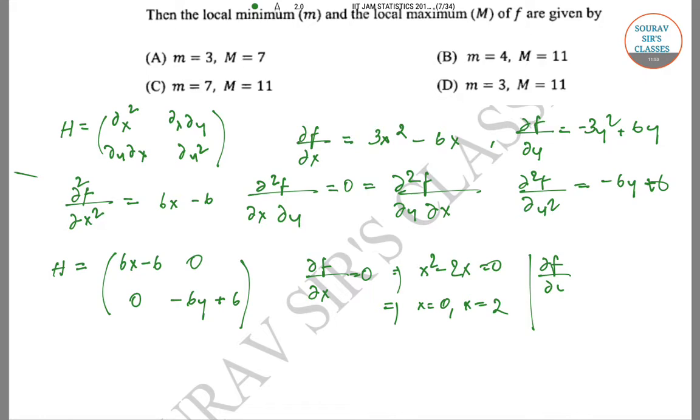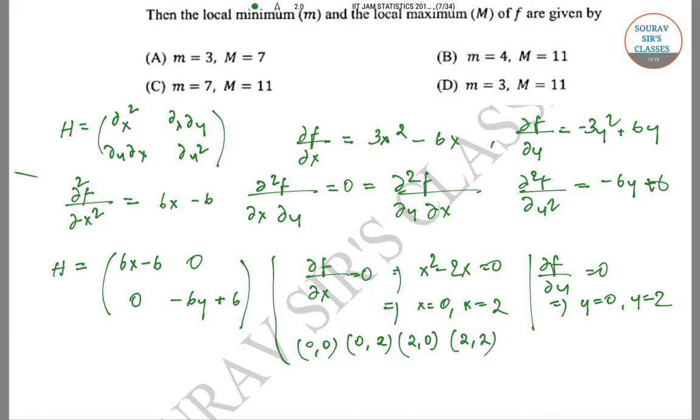Similarly, dou f dou y equal to 0 implies y equal to 0 or y equal to 2. So (0,0), (0,2), (2,0) and (2,2) can be the possible extremum points.